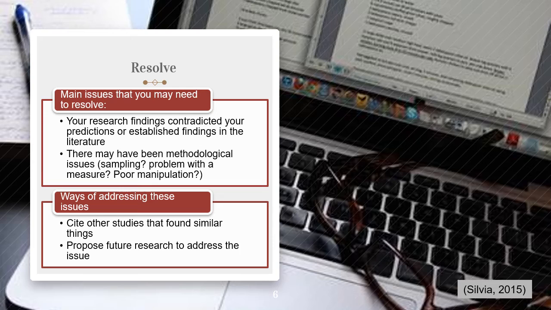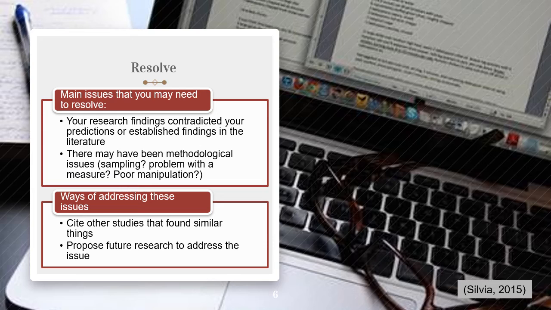Did the pandemic happen mid-study and affect your ability to sample and possibly change the design of your study? Were there problems with the measure that you used? Was it not effective with your population? Was the manipulation that you thought you had done ineffective? Those are all types of issues that you're going to need to resolve and convince the reader by addressing them explicitly that these aren't fatal flaws.